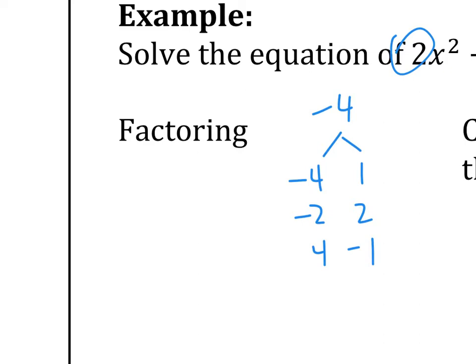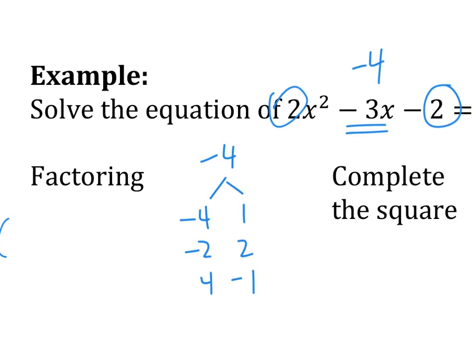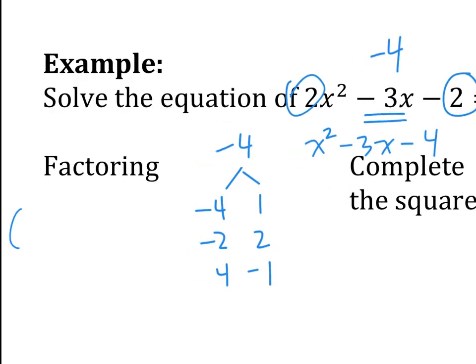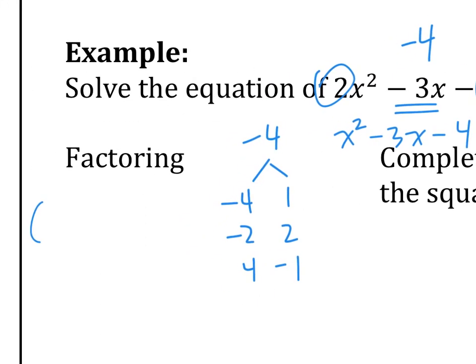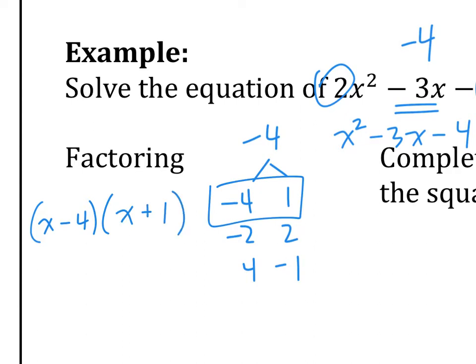Okay, so basically last year I said, we are temporarily changing this question so that it's x squared minus 3x minus 4, right? Do you guys remember this? And then we're just doing factoring of that transformed trinomial. So this is going to be x minus 4 because we said this is the only one that works, and then x plus 1. But that's not the answer because we actually did multiply a and c together.